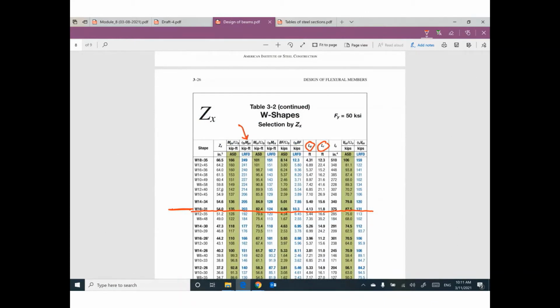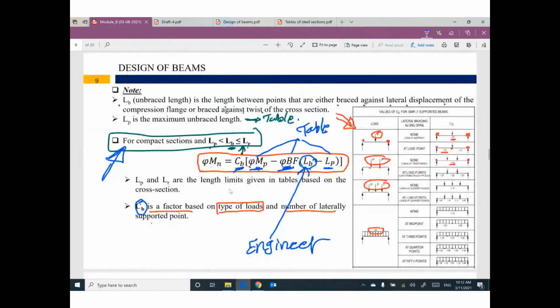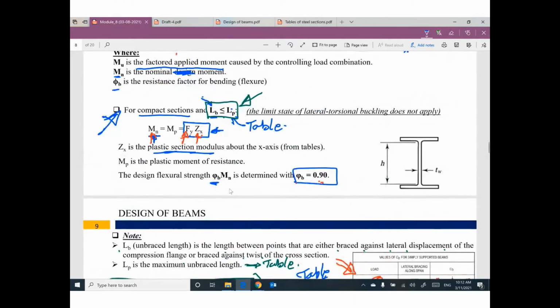For W16 times 31, your value will be 203 kb foot, without any calculations. This value, phi Mn equals phi M plastic, or phi F yield times ZX.